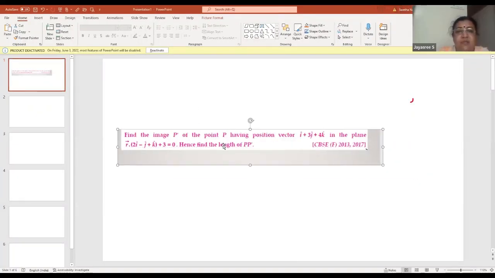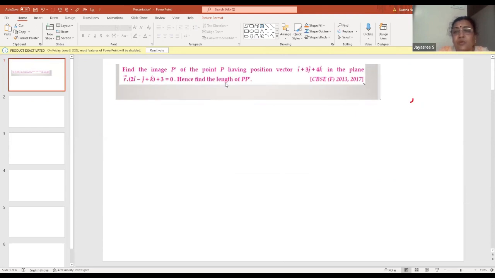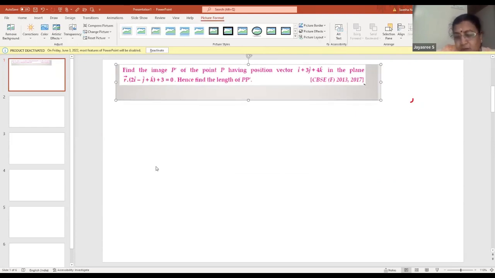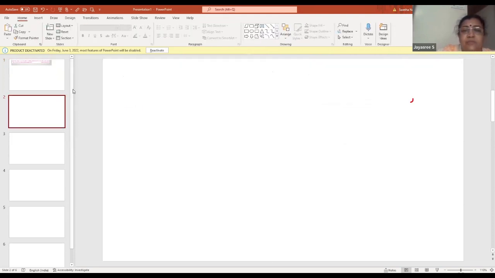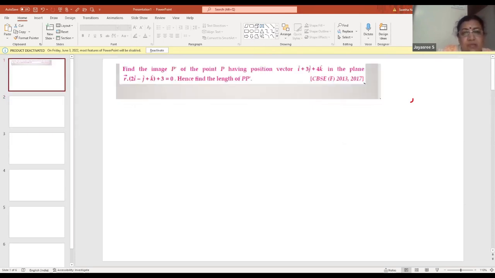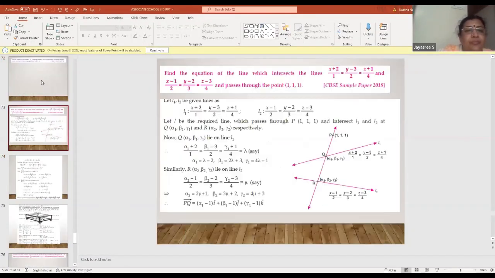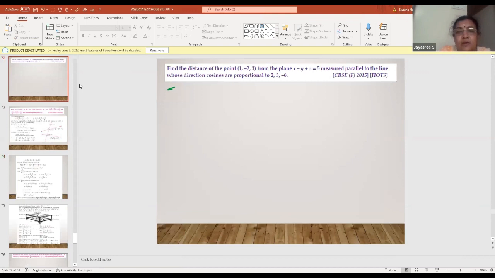In the new screen, I will not have much problem like this. This image part also, I'm very particular in teaching. It's an important concept.